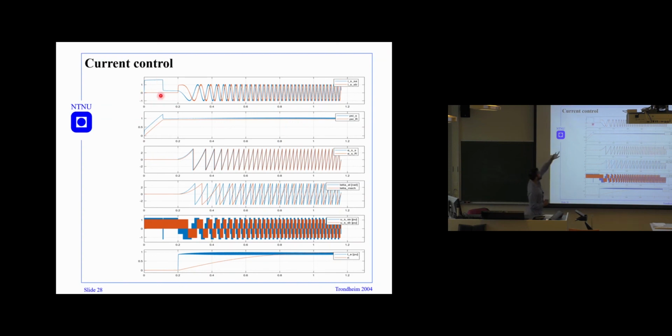We keep the alpha axis component as high as possible to magnetize the machine, and we put the beta axis component of current at 0, and then we are magnetizing the machine here. So you can see the flux of the rotor is increasing, and when it reaches the value that we want, then we can apply the beta axis component of current, and then the machine starts rotating. So that's what we see.